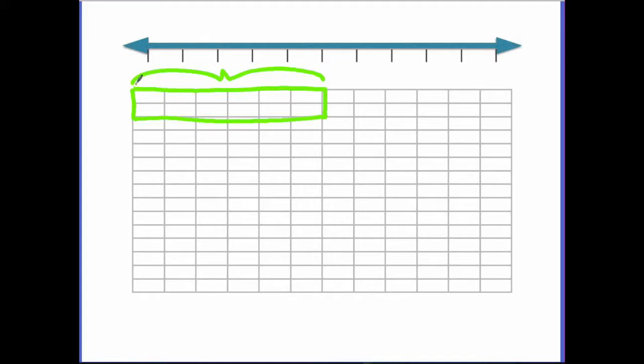What's our goal? However much flour. Okay, so this bar represents flour, right? But do we know how much total she used? So what's going to go up here on the top? Question mark?